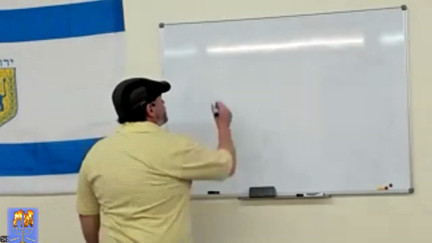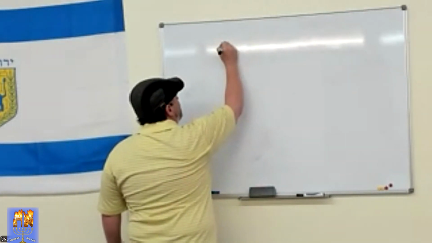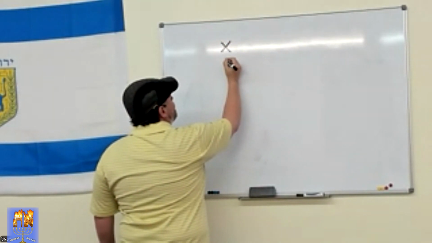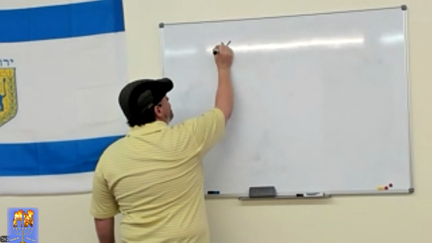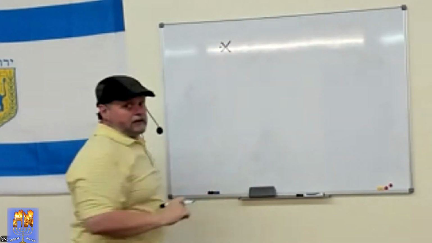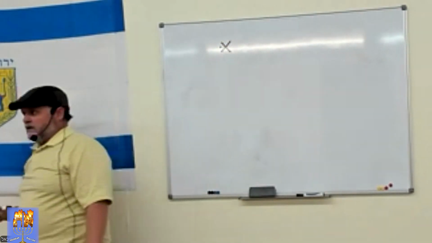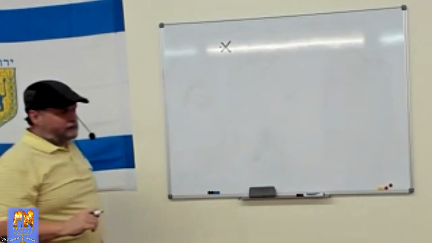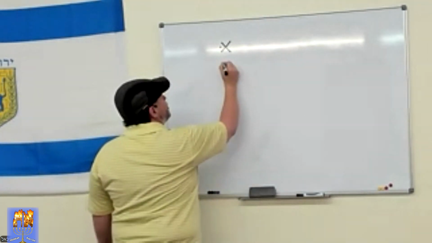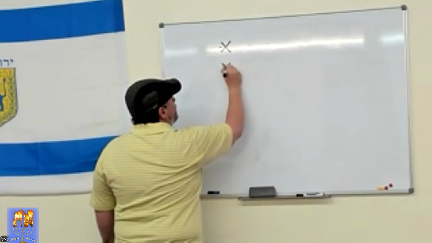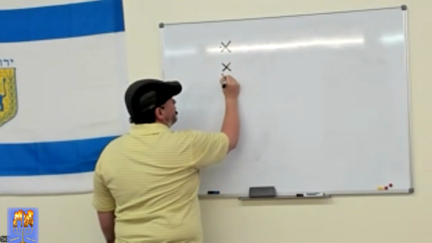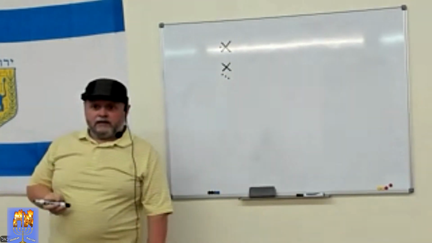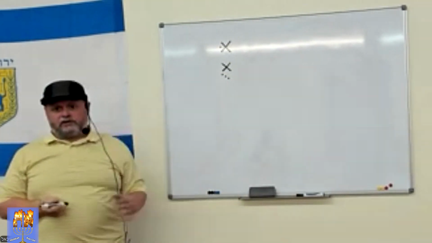So, what's our first one? That guy is called shuruk. Then we have this guy, which is kubutz.